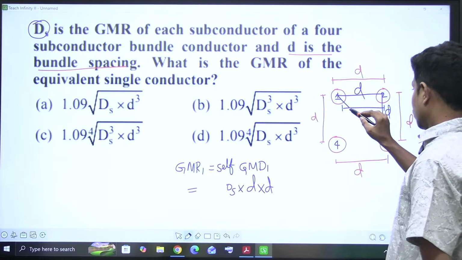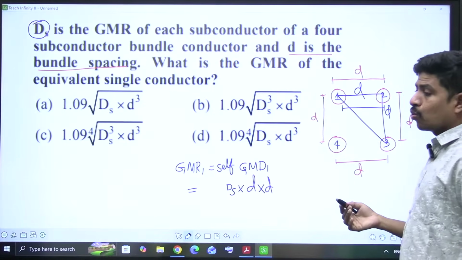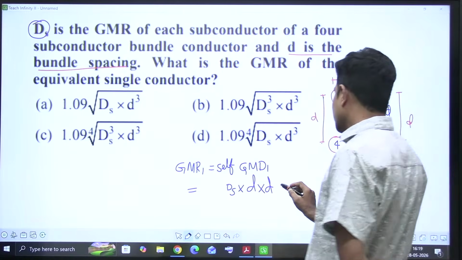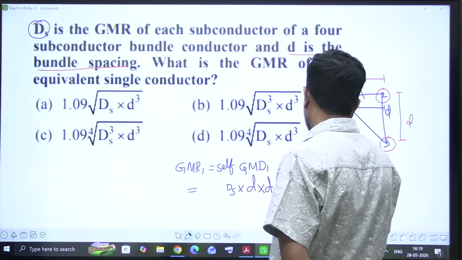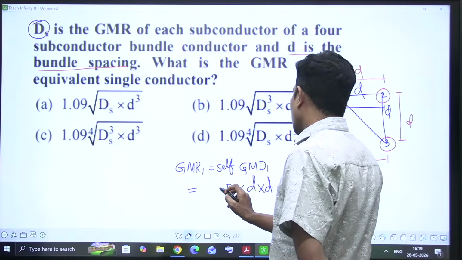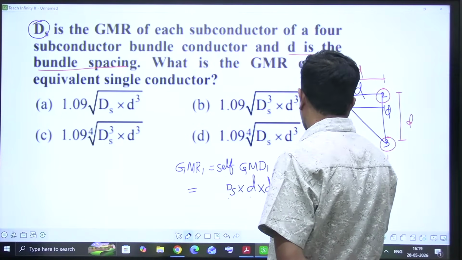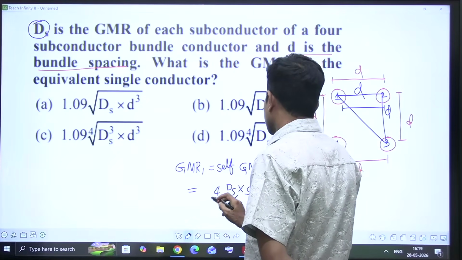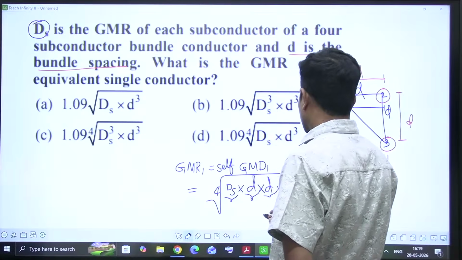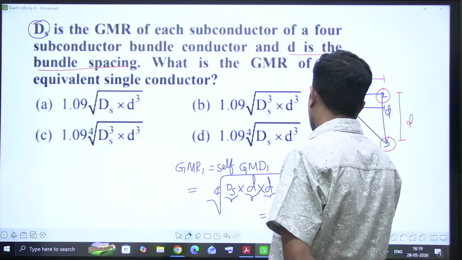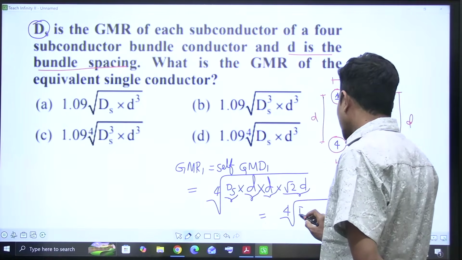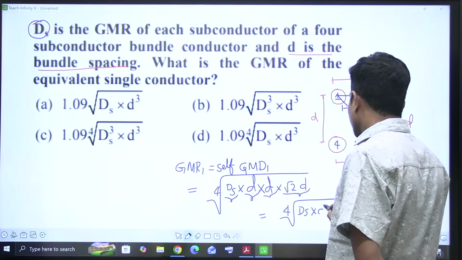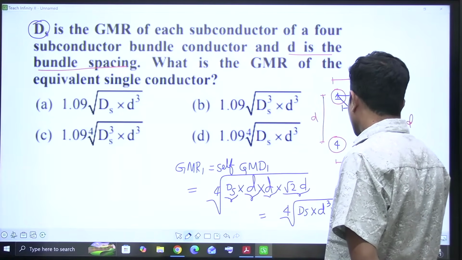Root of d square plus d square is root 2 d square, that is root 2 times d. Total 4 distances, 1, 2, 3, 4, so this is going to be a fourth root of Ds into d cube into root 2.